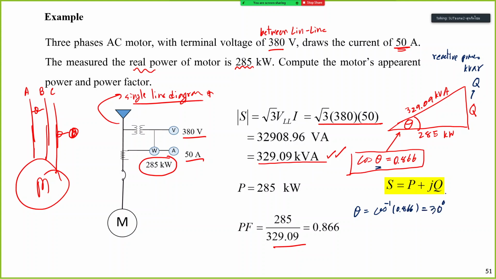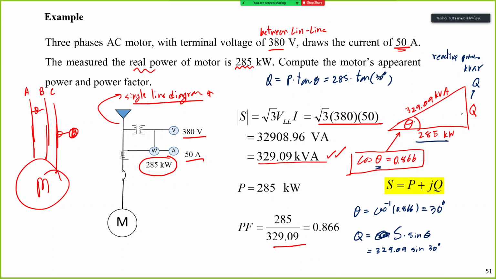And we can get Q from S and sine theta, right? 329.09 sine 30. Q is S sine theta. Or Q could be P tan theta, or 285 tan 30 degree. Q is P tan theta.